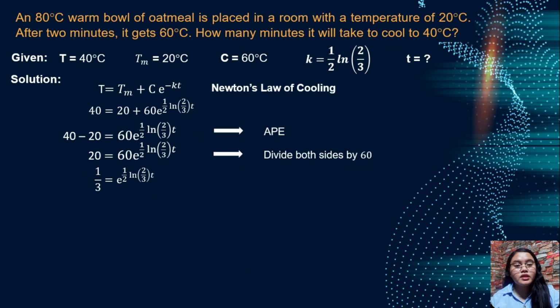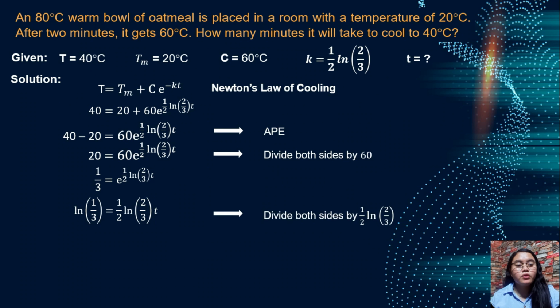Using the laws of logarithm to eliminate e, we have ln 1/3 is equal to 1/2 times ln 2/3 times t. And we will divide both sides by 1/2 ln 2/3 to find the value of t.